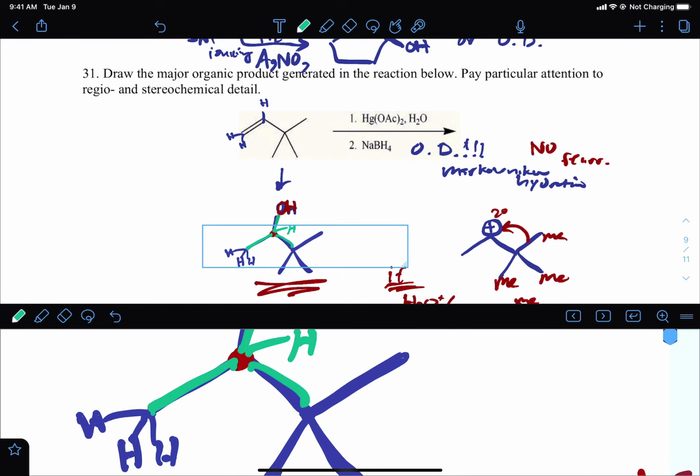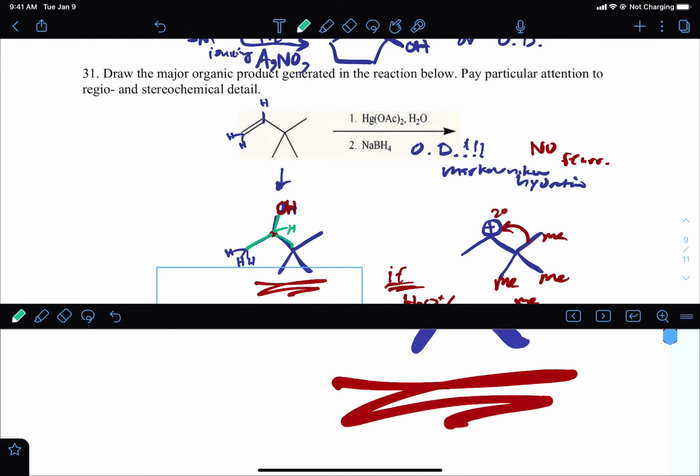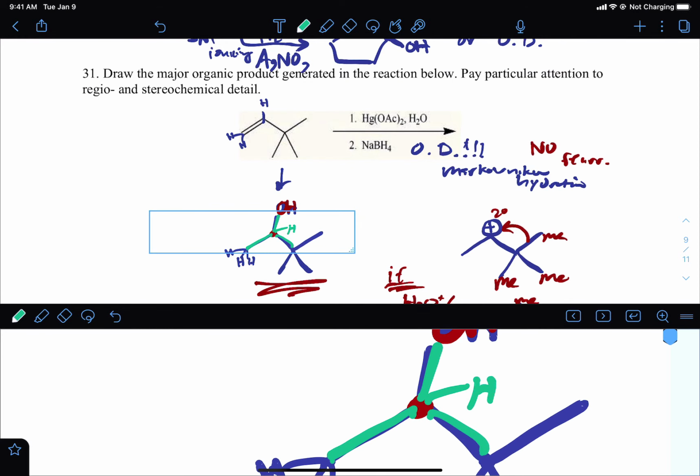So we have stereochemistry, and this can be R or S. Okay, meaning that the OH can be wedged, in which case it would be R, or it could be dashed, in which case it would be S. Okay. Now let me double check your answer key to make sure that you did, in fact, do no rearrangements, because there should be no rearrangements here.